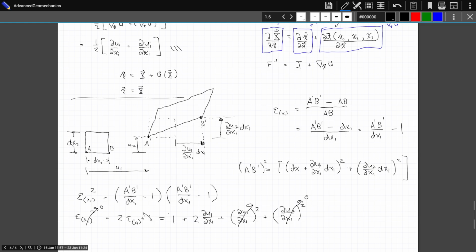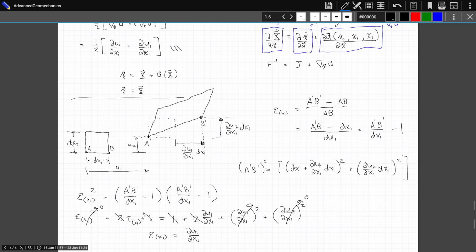The ones cancel, the twos cancel, and then ultimately you have that is the strain in the X1. So this is the 1-1 component of the strain tensor, right?